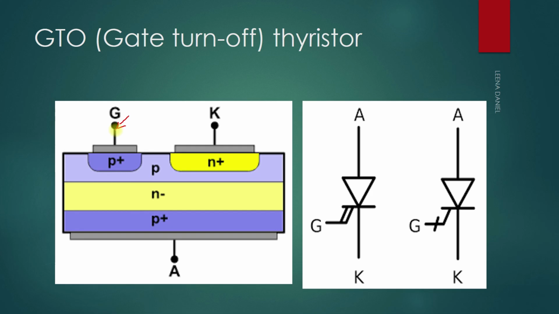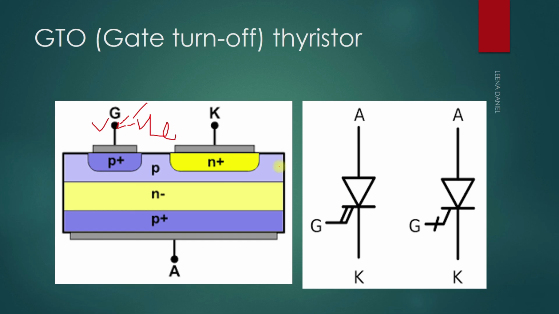So if we give a positive supply to the gate, it will turn on, and when we need to turn off this GTO, we apply a negative gate pulse to the gate so that it gets turned off. So it is a gate turn off thyristor.